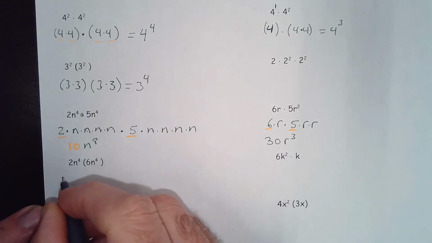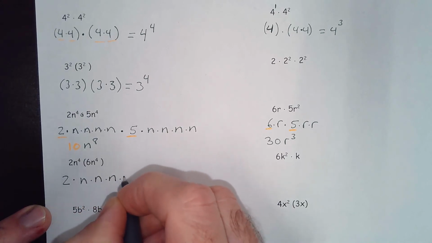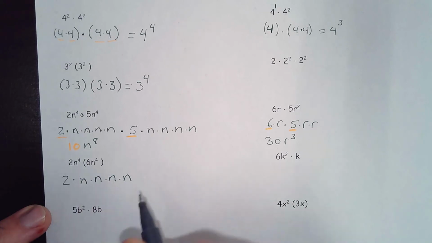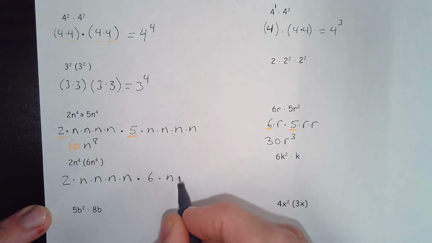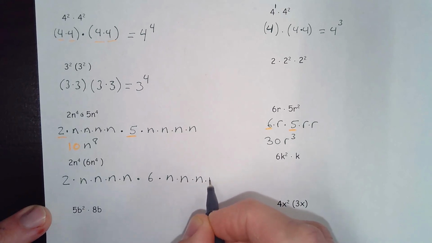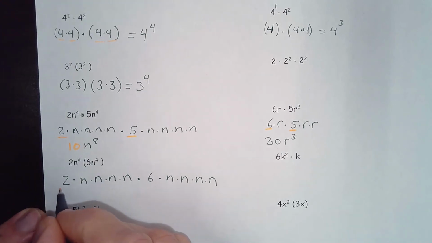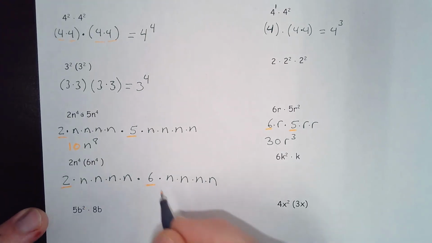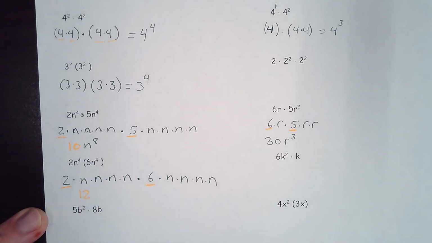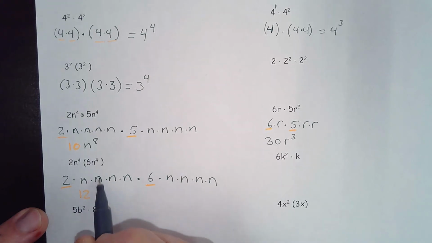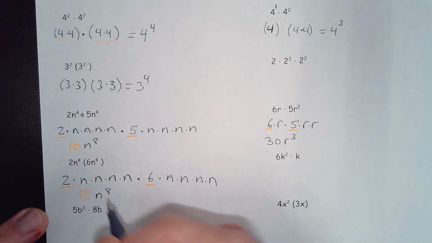I think that's enough examples. 2 times n times n times n times n, times 6 times n times n times n. Multiply your numbers together: 2 times 6, we get 12. And then we have 1, 2, 3, 4, 5, 6, 7, 8 n's, so n to the 8th.